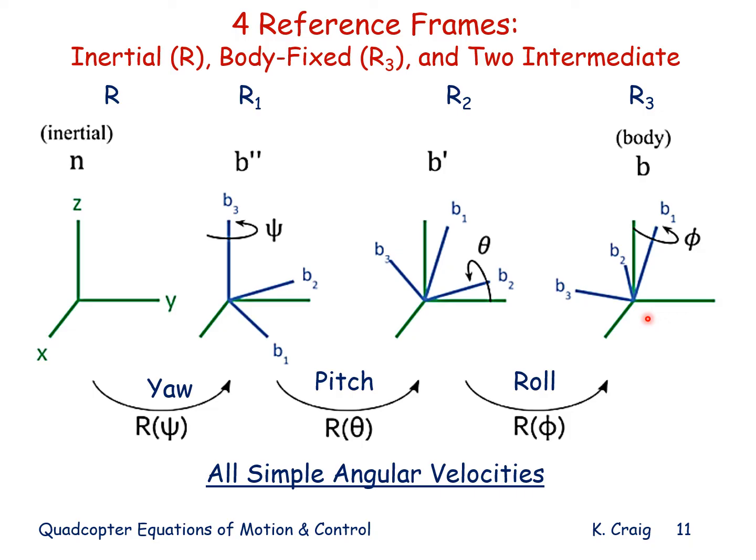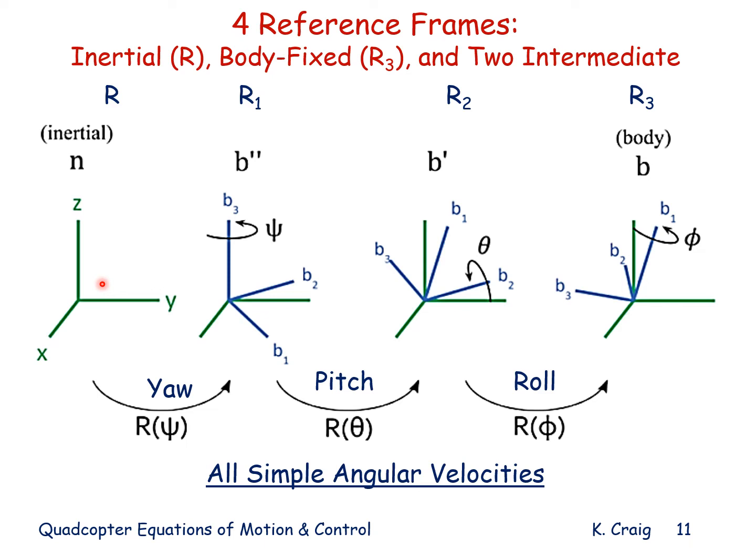Initially, these two reference frames are aligned, but as the quadcopter goes through its change in orientation, roll, pitch, and yaw, the body fixed coordinate system is then misaligned with the inertial reference frame, which is fixed to the surface of the Earth.